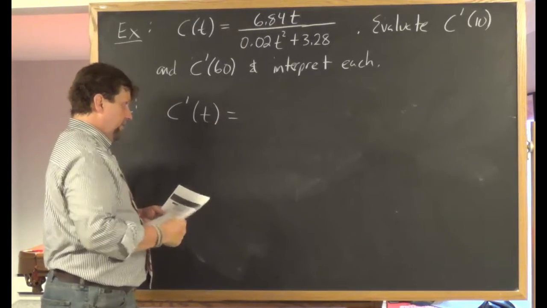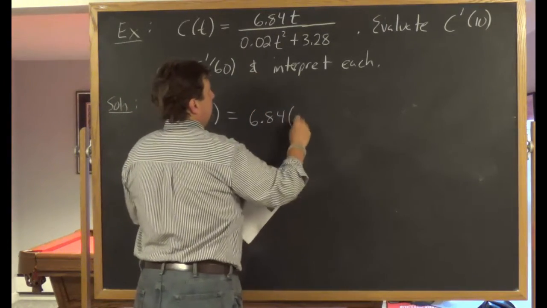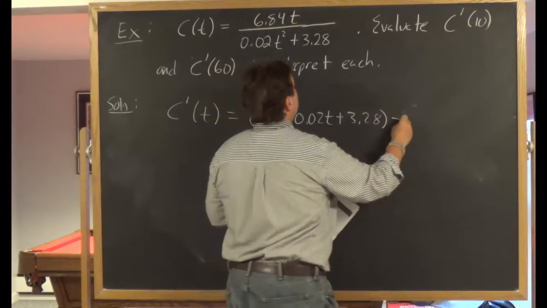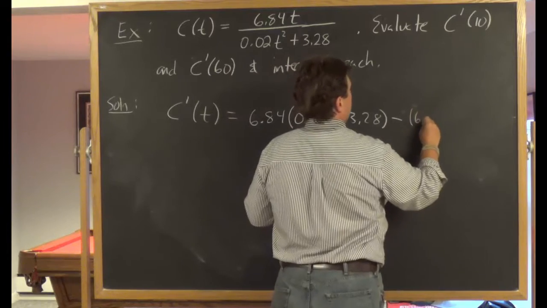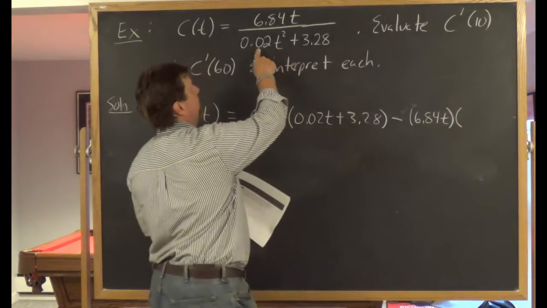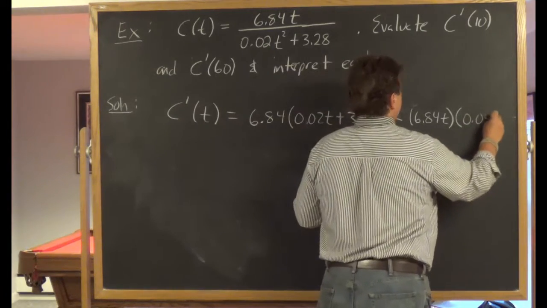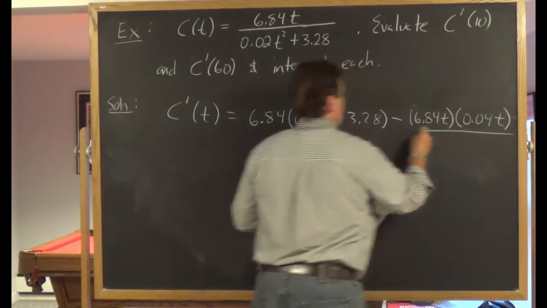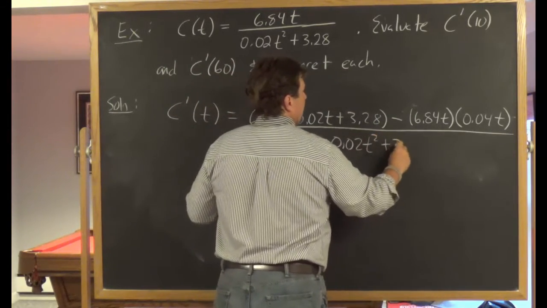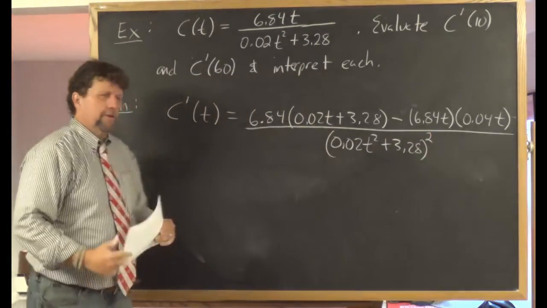Quotient rule says it's the derivative of the numerator, so that's a 6.84, times the denominator, minus the numerator times the derivative of the denominator, and the derivative of that mess is 0.04t, and then all of that junk over the denominator squared. Okay, so there's the derivative.